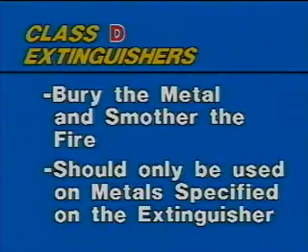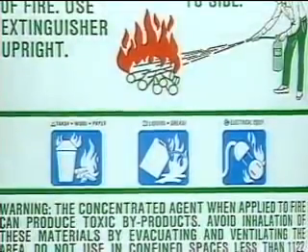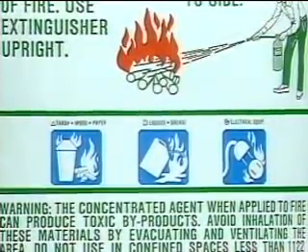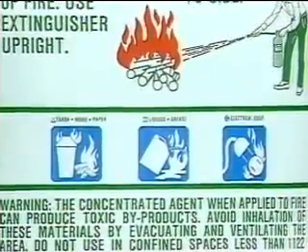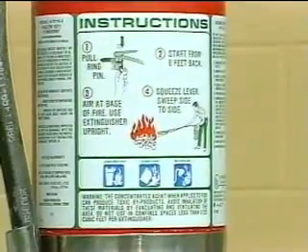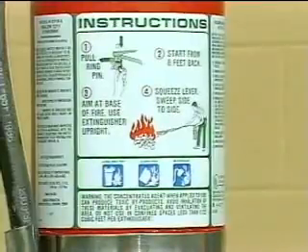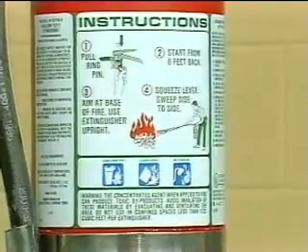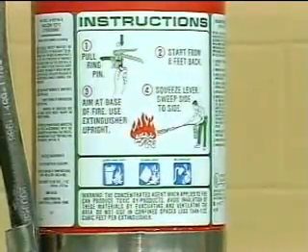Class D extinguishers should only be used on the metal specified on the extinguisher. Another type of extinguisher used on type A, B, and C fires is halon. These extinguishers are typically used on fires involving electronic equipment because of the ease of cleanup and the non-corrosive nature of the agent.